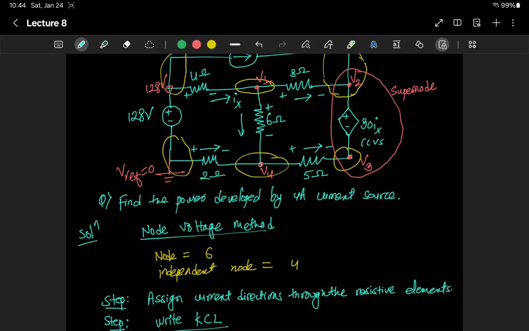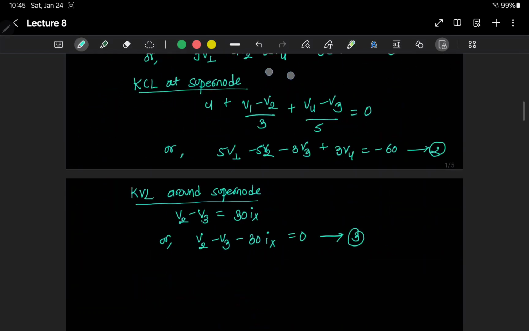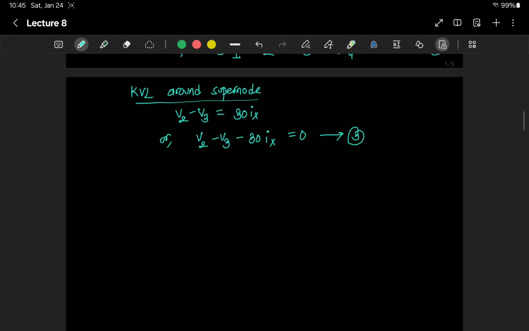So that gives one equation, and the other equation comes from the relationship between this Ix and the voltage. This can come from Ohm's law in this circuit here. Ix is basically nothing other than 128 volts minus V1 divided by 4 ohm. So using those two nodes, we can get extra equations. Let's do the dependent variable first.